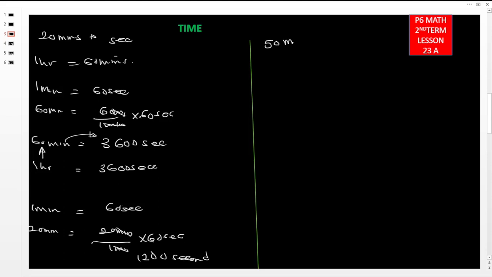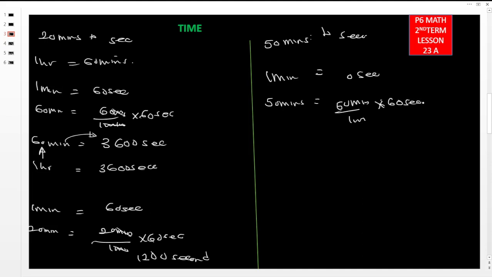Then how about 50 minutes to seconds here? So 1 minute here is giving us 60 seconds, right? Then how about the 50 minutes here? So we are going to get 50 minutes out of 1 minute, then times the 60 seconds.